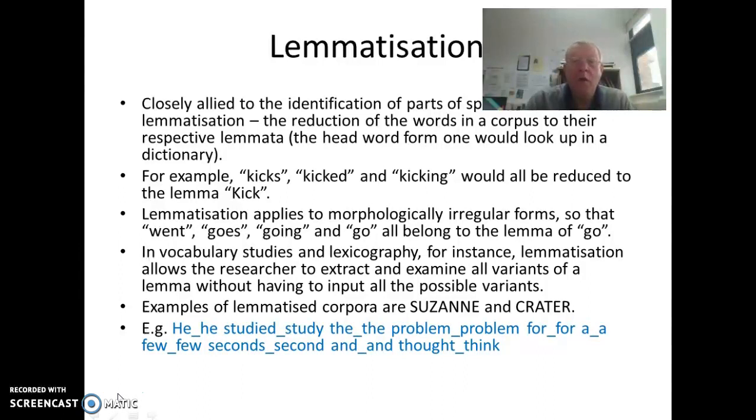Thought, the morphologically irregular form, is the past tense of think. So we see in each case we have the raw text followed by the underscore followed by the lemma.